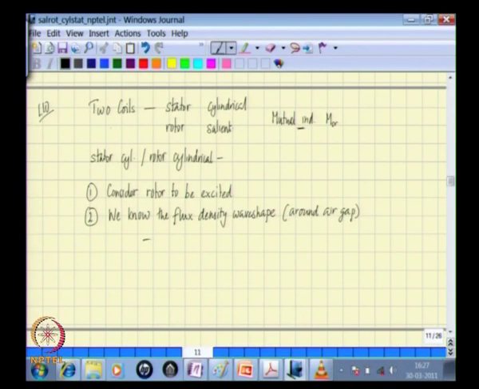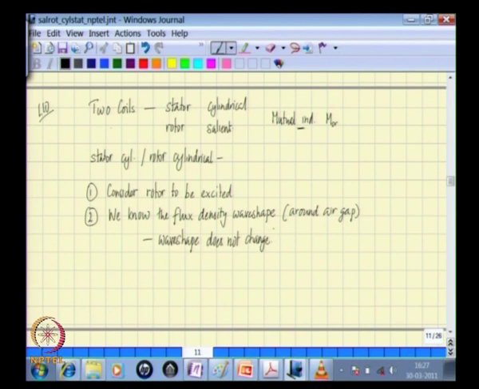And we also know that the flux density wave shape does not change as the rotor rotates.